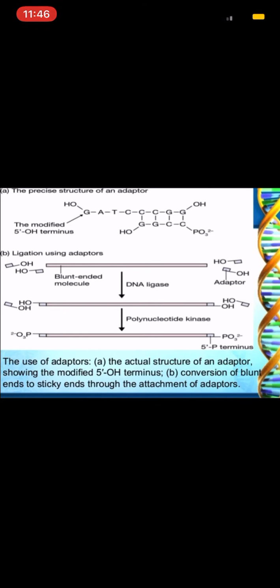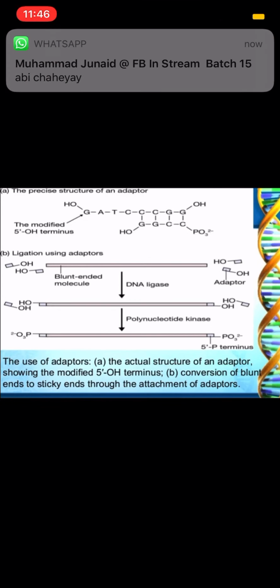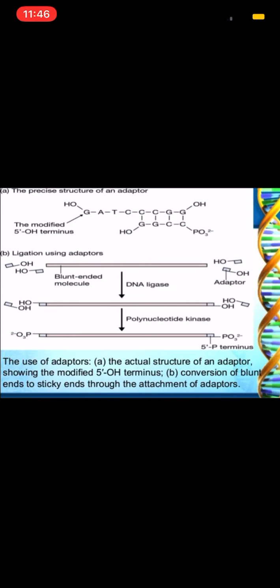Okay, the ligation. Adapters are tied to the DNA of interest. After that, DNA ligase is used to join the fragments, and polynucleotide kinase acts. This shows the actual structure of the adapter with the modified 5' hydroxyl terminal and the conversion of a blunt end to a sticky end through the attachment of the adapter.